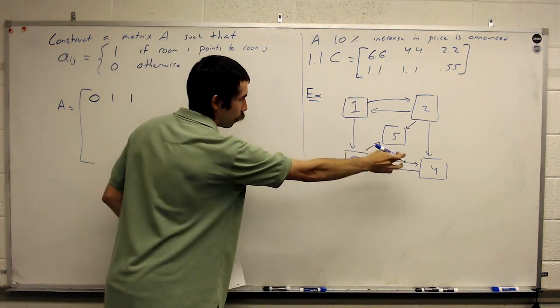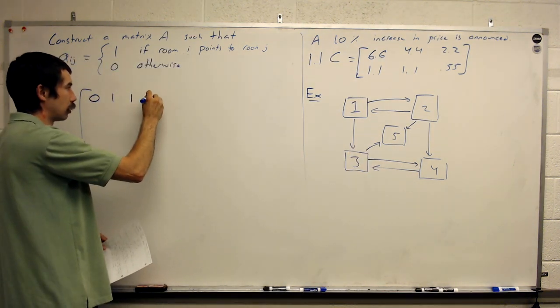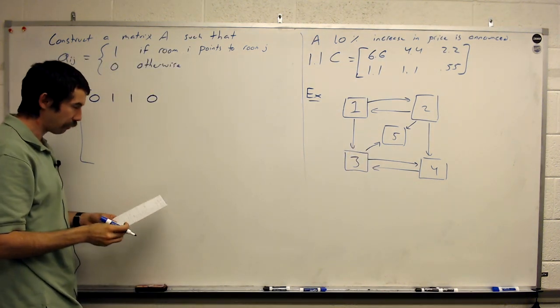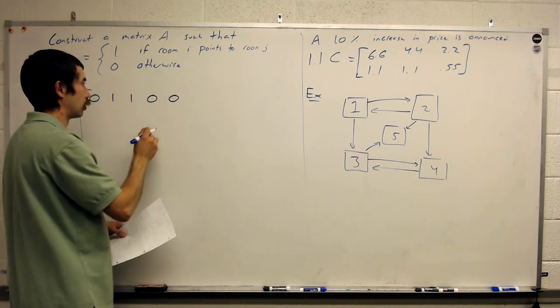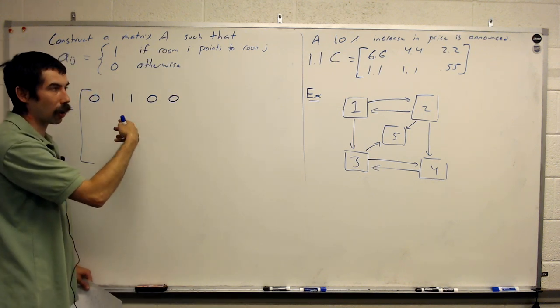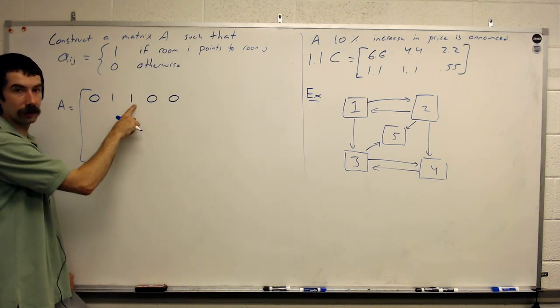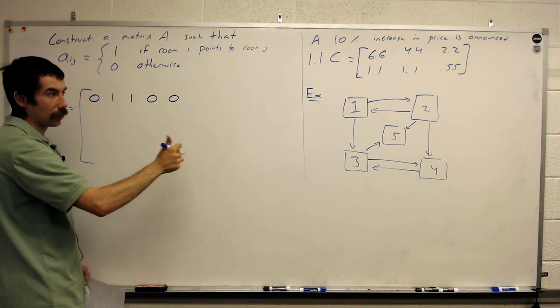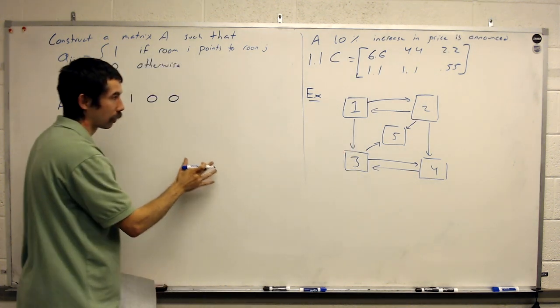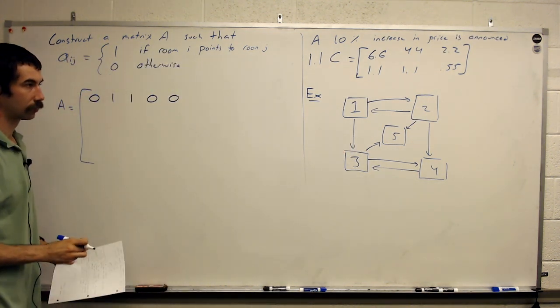Does 1 point to 4? Not directly. So we get a 0 for 1, 4. And does 1 point to 5? No. So this top row tells us where all of the arrows out of 1 go. They go to 2 and 3. Right? Sure, the diagram looks nice, but it might be easier for a computer to work with something like this.